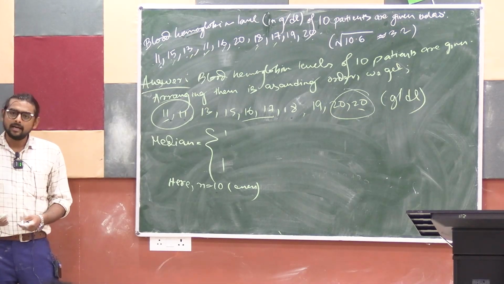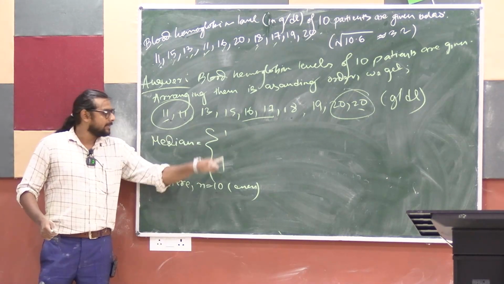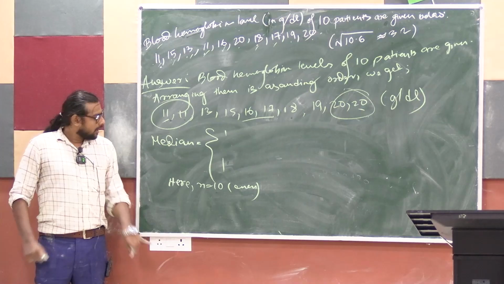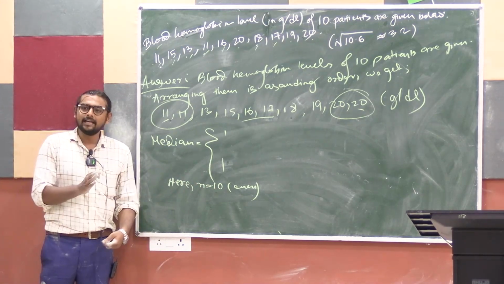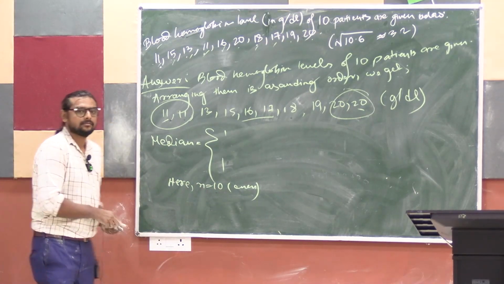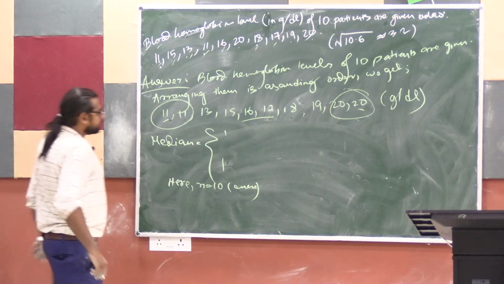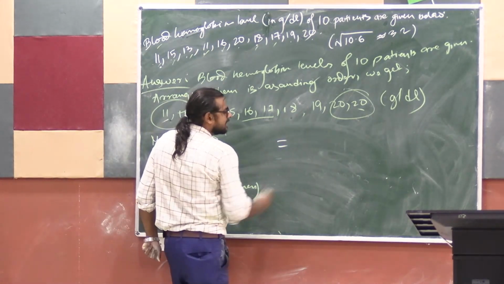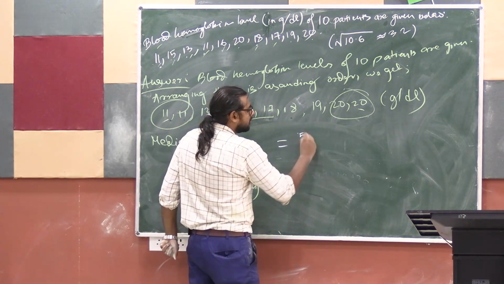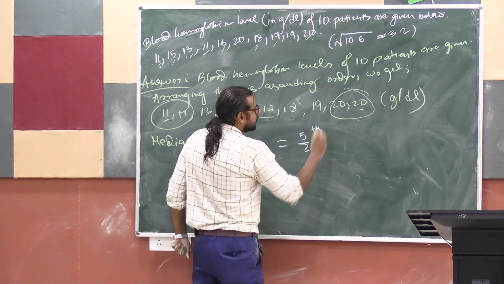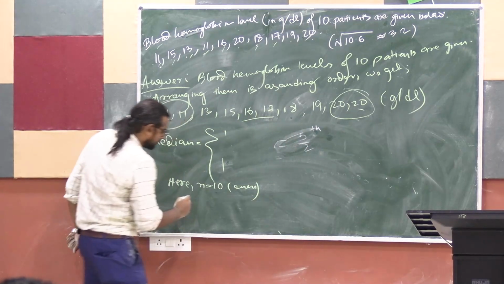Not necessary, right? There are two formulas, why will I use this formula? Because n is even, so I need to justify that, correct? So after that, n is equal to 10.